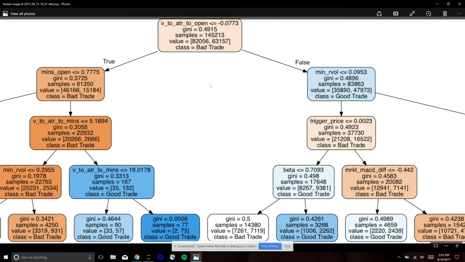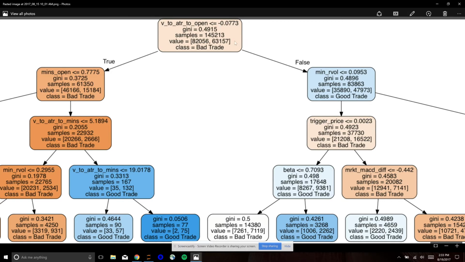And once again, what this decision tree is doing is looking through that entire Pandas data frame we just created, through every single possible variable, every single possible threshold of those variables, and splitting our trades into two based on that threshold.